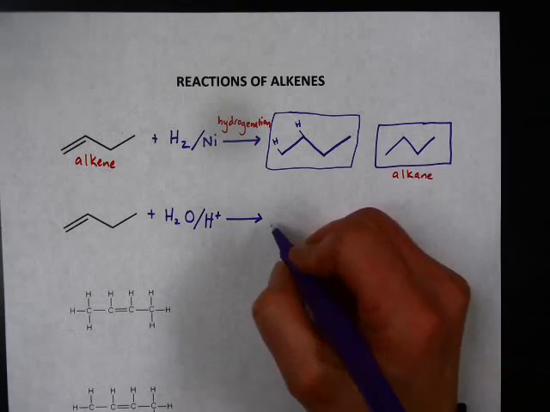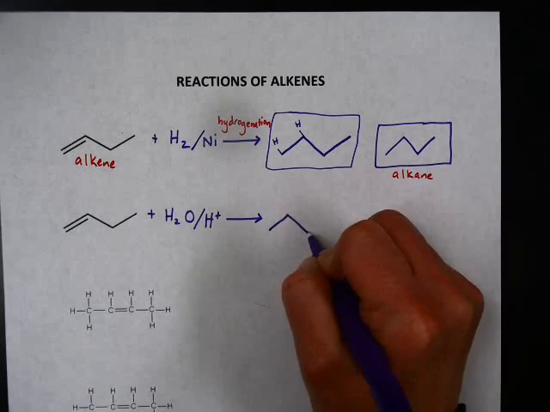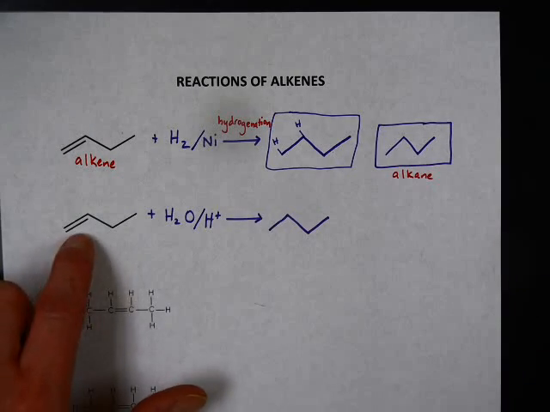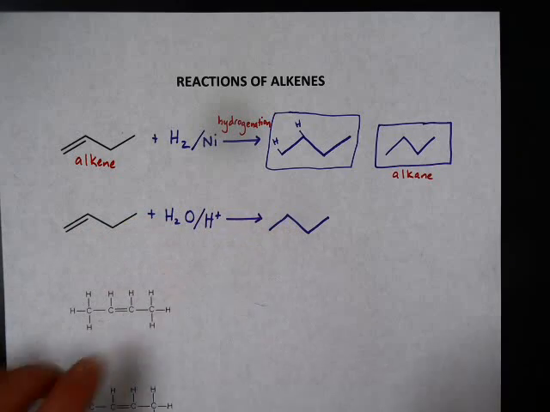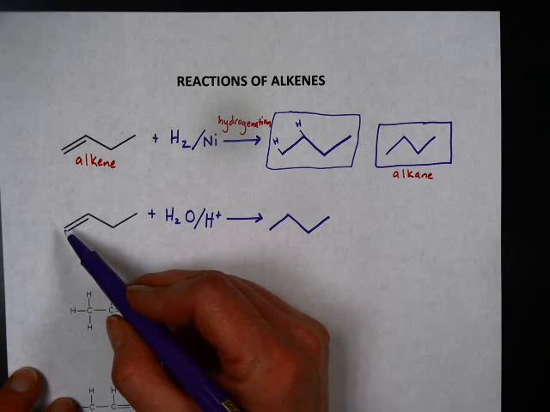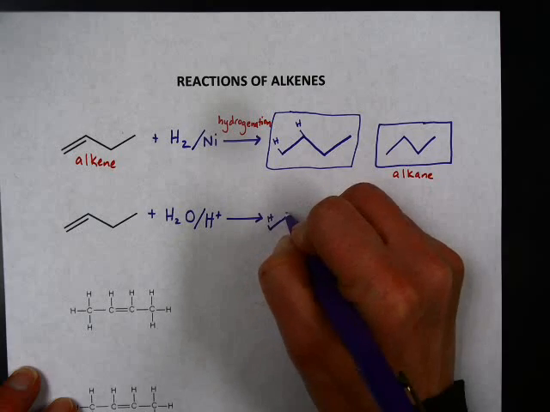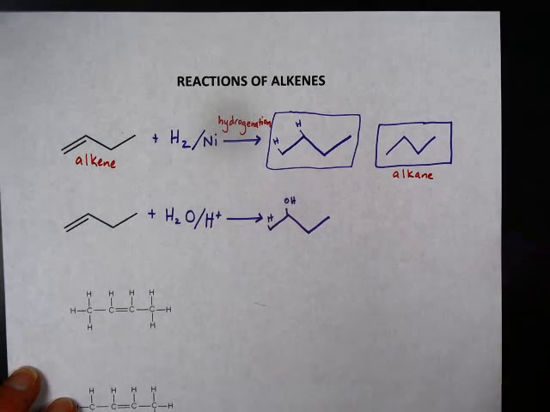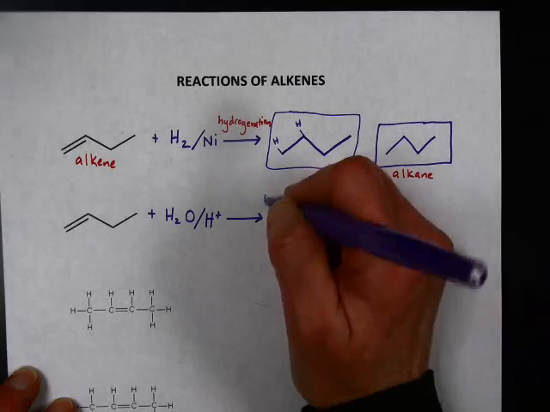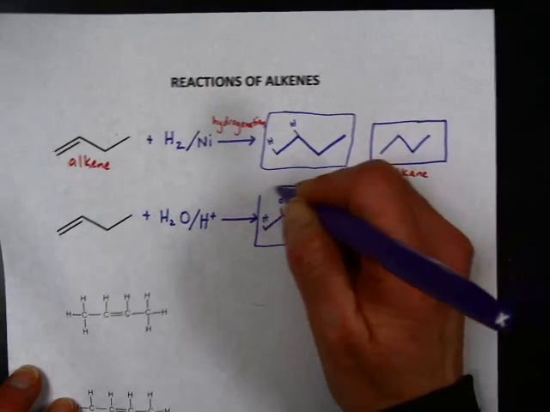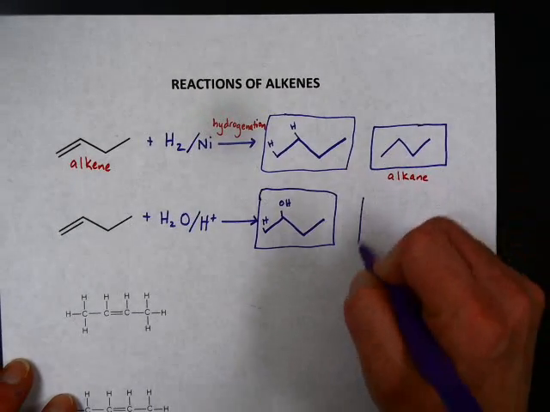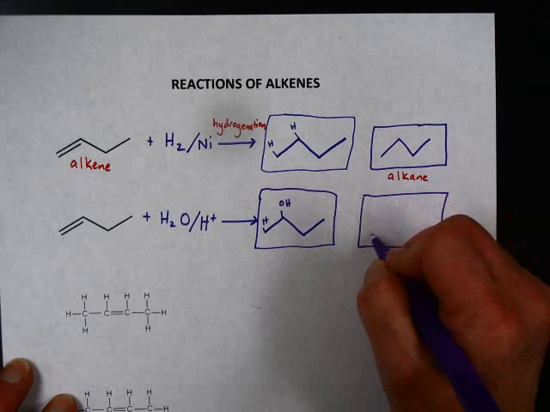So, how do I do it? Double bond turns to a single bond. There it is. Gone. Double bond is gone. Now it's a single bond. One carbon gets the H, one carbon gets the OH. I'll write that like this. And again, I can leave my answer like that, or I can write it with just the OH showing.